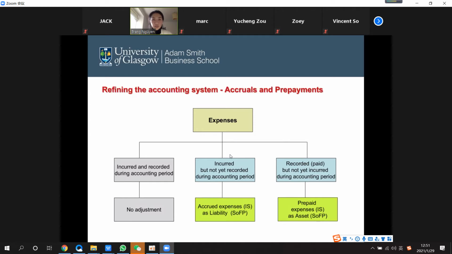If already incurred but we haven't paid yet, we record them as accrued expenses. But if we paid but it's not yet incurred, we record them as prepaid expenses, right? Prepaid expenses are recorded as assets in the statement of financial position, and accrued expenses, as we have used them already but haven't paid yet, will be a liability.